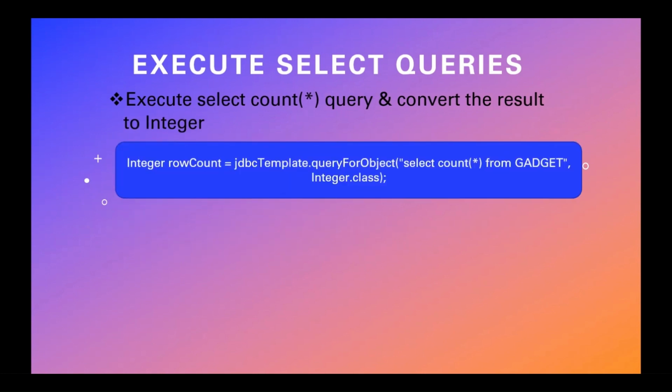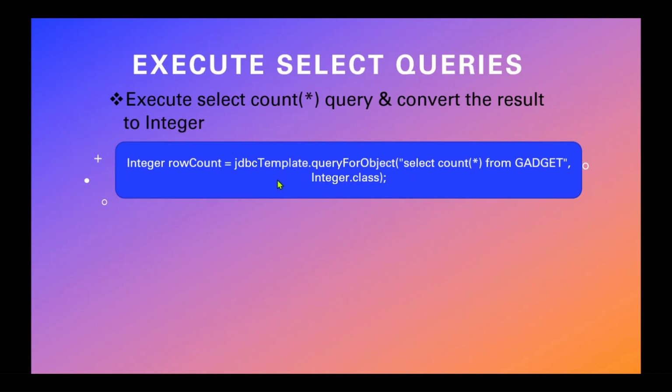Now let's see how to execute a simple select count star query and convert the result into an integer. For that we have to use the JdbcTemplate dot queryForObject method, and you have to pass the query, and you have to pass the class to which you want to convert the result.